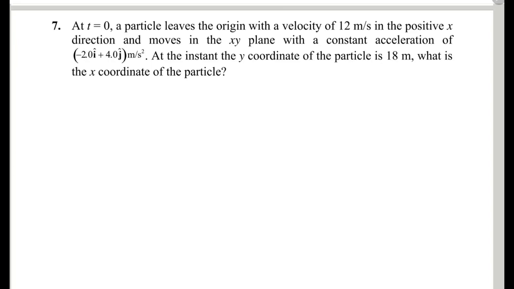Now, to solve this one, we need to calculate the x coordinate of that particle. So let's find y final equal to y initial plus the initial y velocity times t plus half a_y t squared. Now this is 0 because it starts from the origin, and it starts from rest in y, so this is 0 as well.